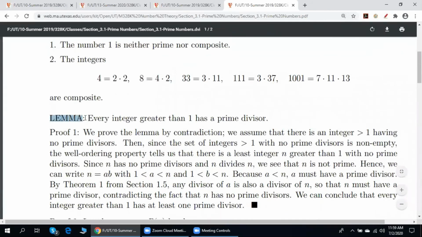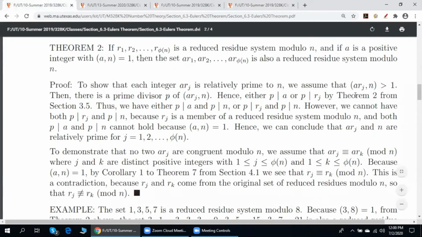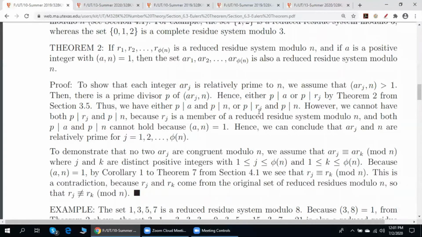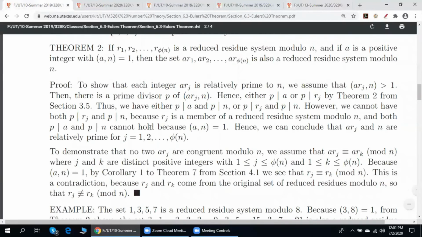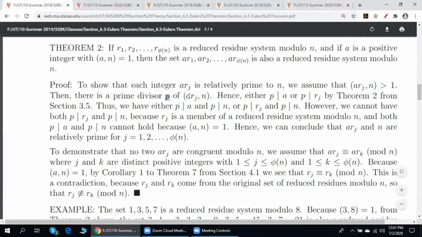This lemma says that every integer greater than 1 has a prime divisor. So the greatest common divisor, let us denote it by d, divides this, p divides d, therefore by this theorem, p divides this.